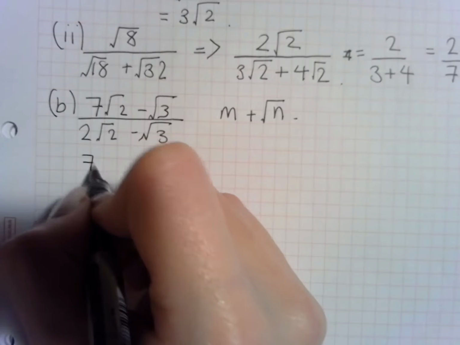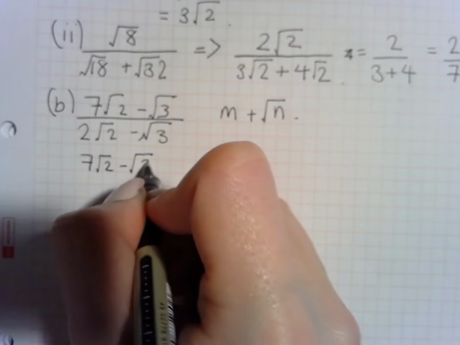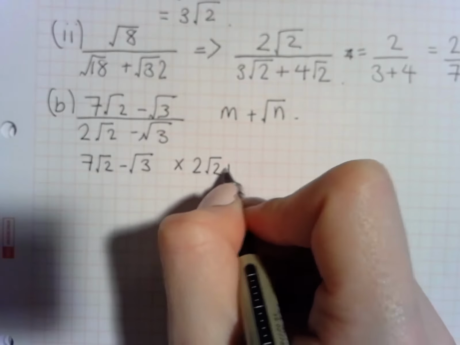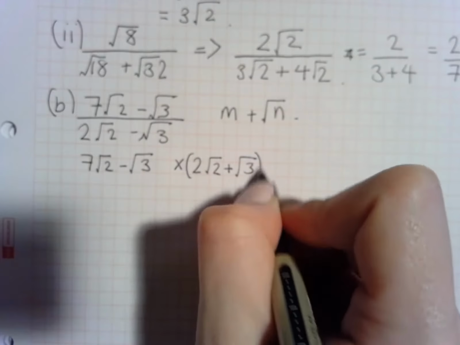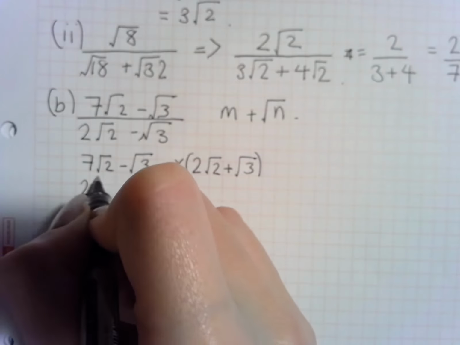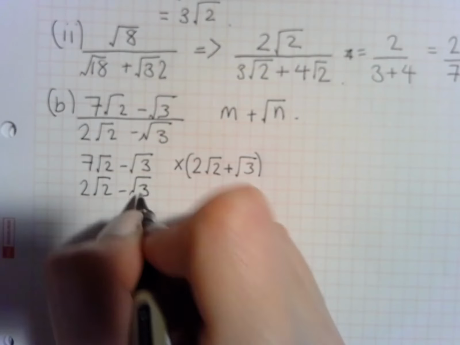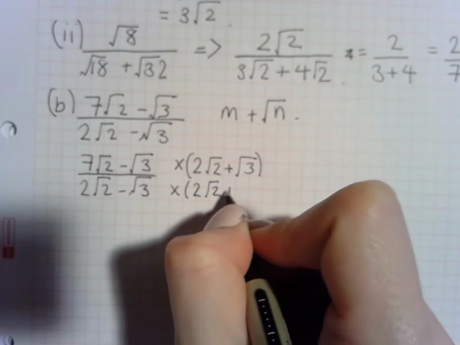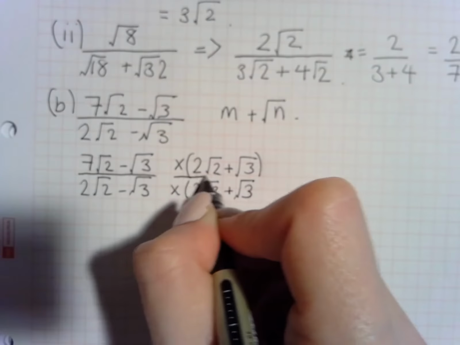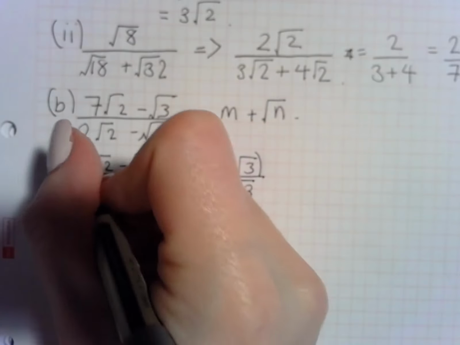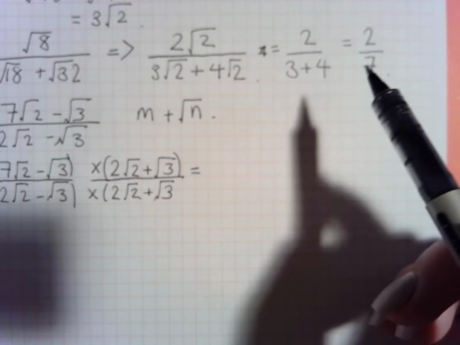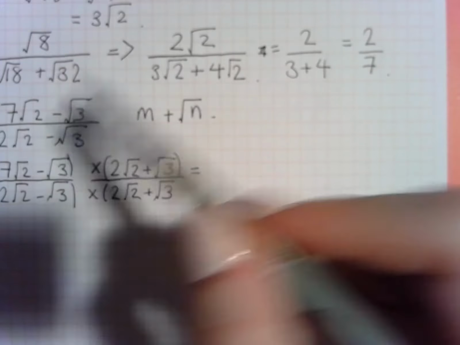So 7 root 2 minus root 3 times 2 root 2 plus root 3, over 2 root 2 minus root 3 times the same, so 2 root 2 plus root 3, because we have to multiply the top and the bottom by the same thing. Then we just multiply out of brackets the normal way, so let's do it.